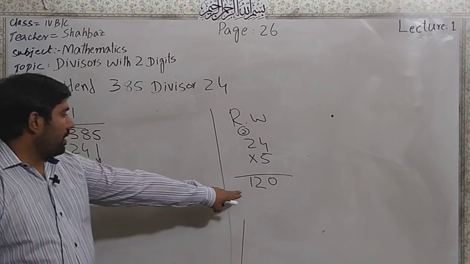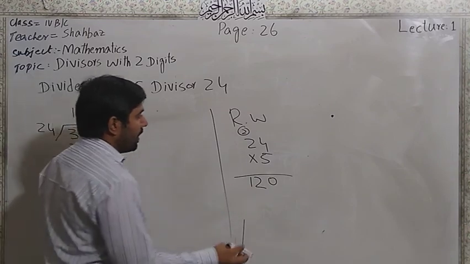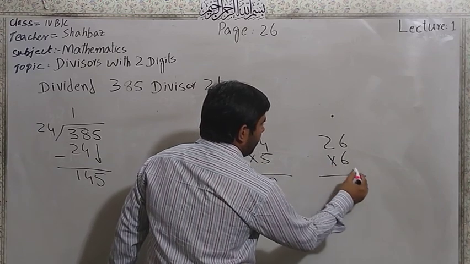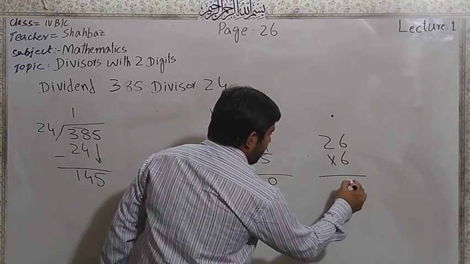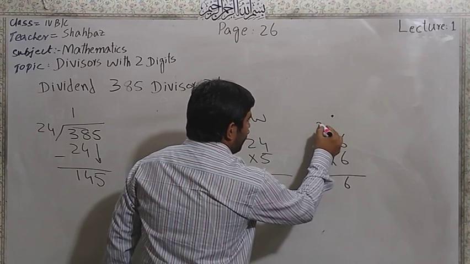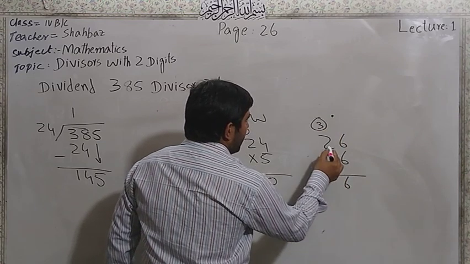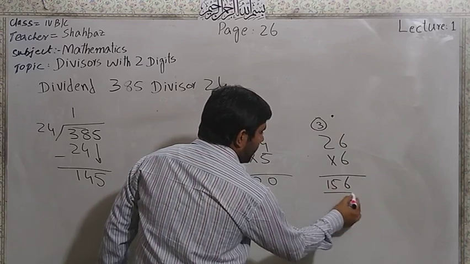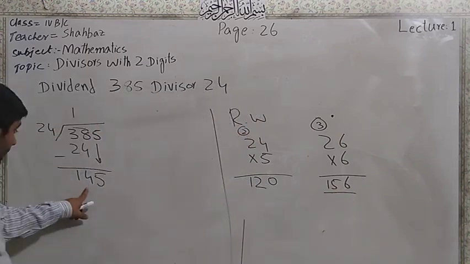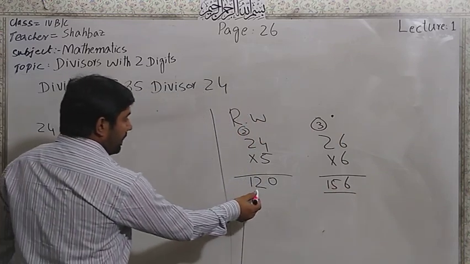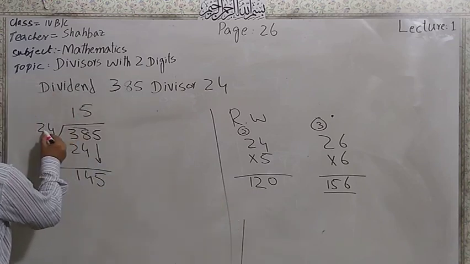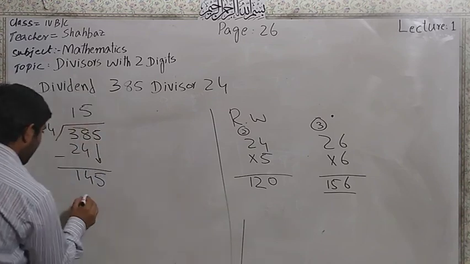You can see that this is 120. And if you check with 6, 6 times 4 is 24, this is 156, greater. So you say this is 5. 5 24s will be 120.